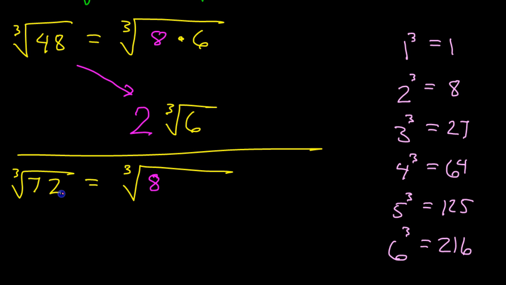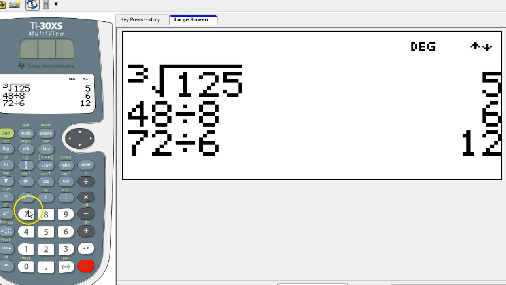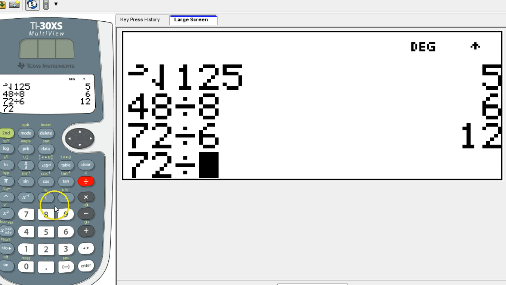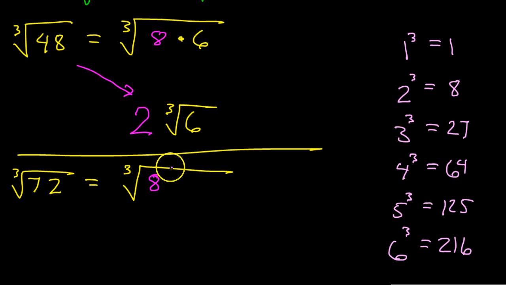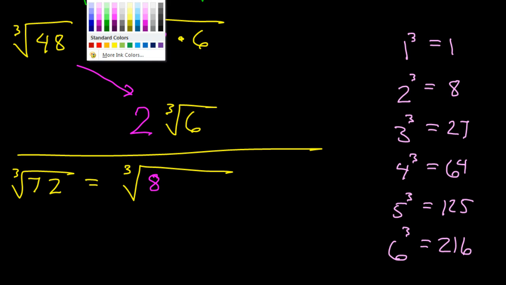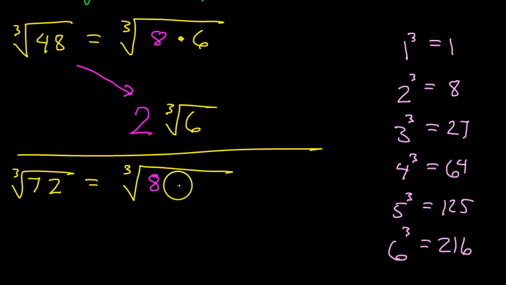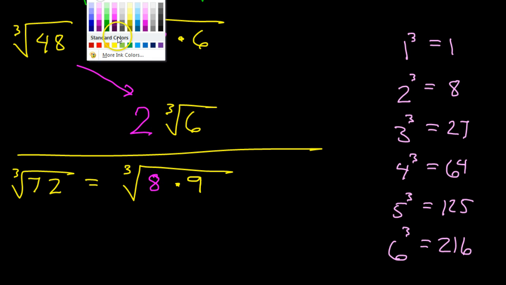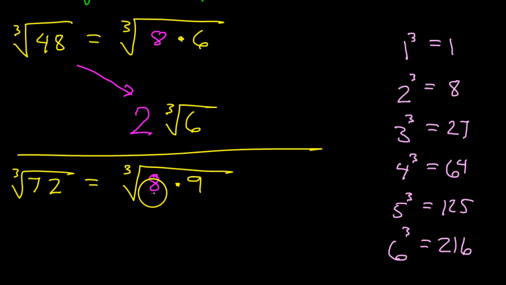Alright, how many times does 8 go into 72? You better know it. Right, it goes in 9 times. Alright, so 72 could be thought of as 8 times 9. Now again, the reason why we put this first is because we can go ahead and do the cube root of 8. And once again, the cube root of 8 is 2.